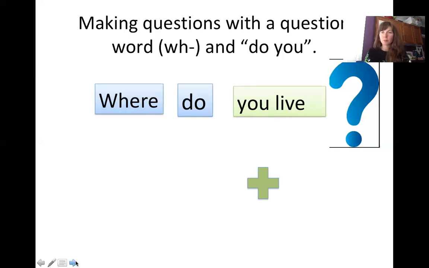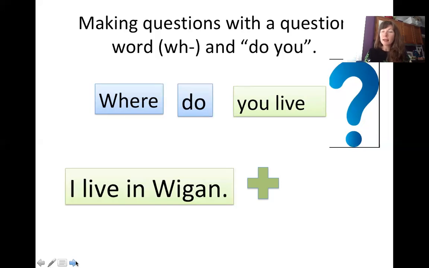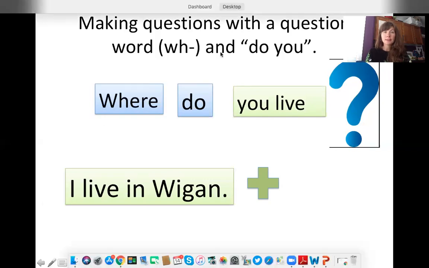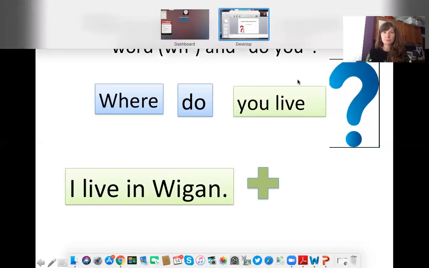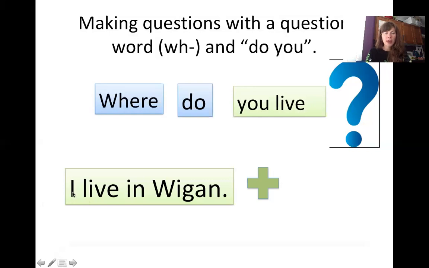Let's have a look at a positive answer. I live in Wigan. So you notice if you have a question word, you are going to have more information. You are going to have more explanation in the answer. It's not yes or no, it's explain.